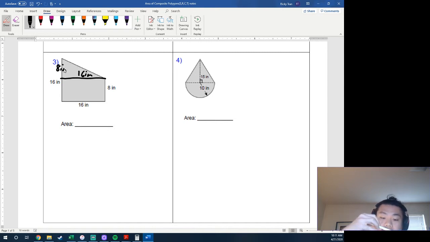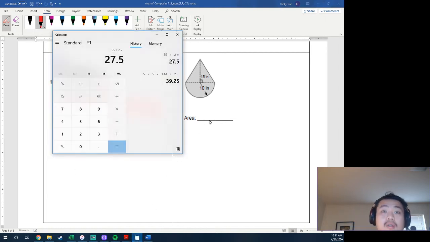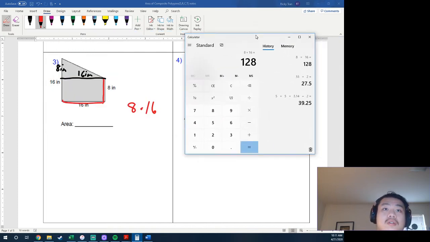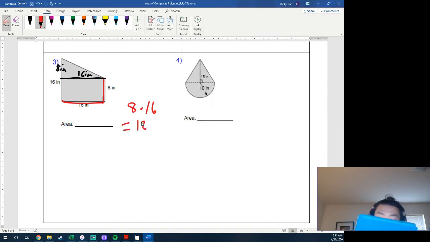We're going to start with this rectangle: 8 times 16, which is 128. Then the area of the triangle is going to be 8 times 16 divided by 2, or 64.